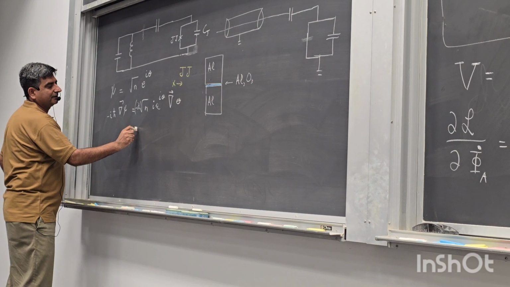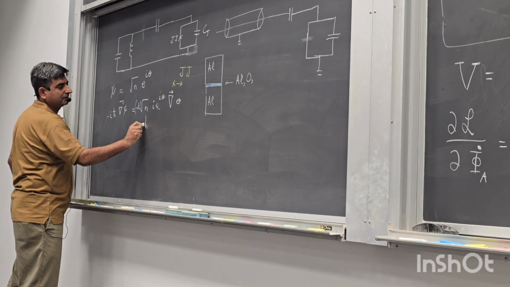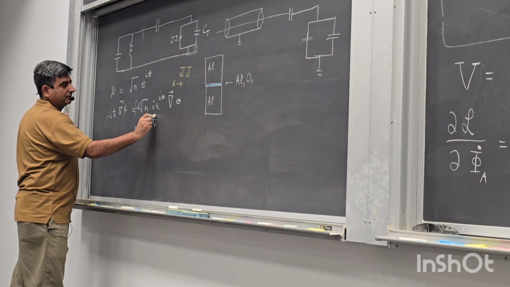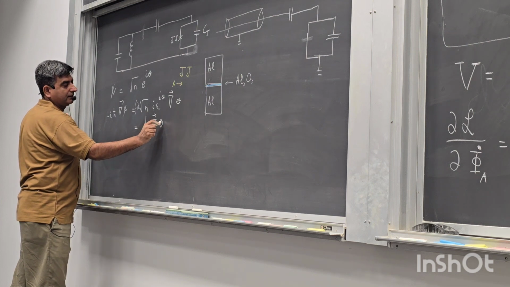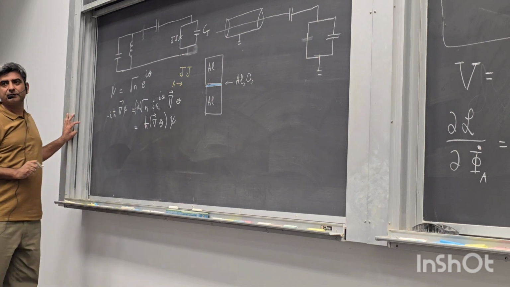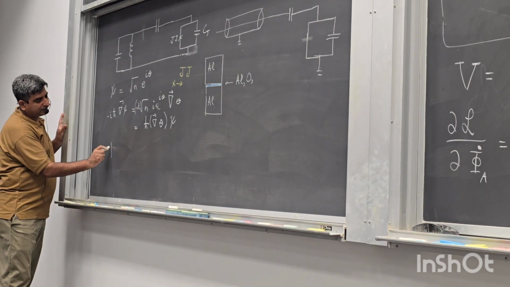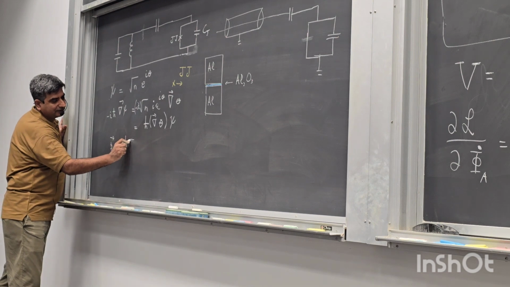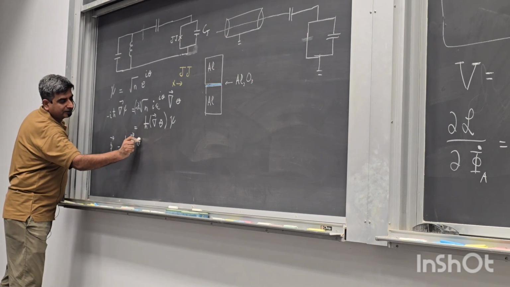So this is h bar square, correct? So the momentum of this giant wave function is simply h bar del of theta.